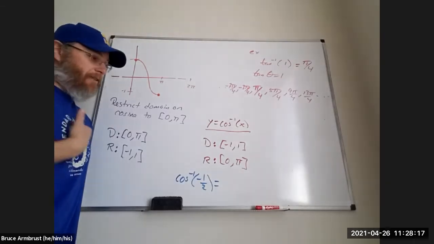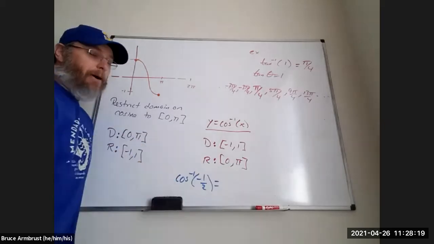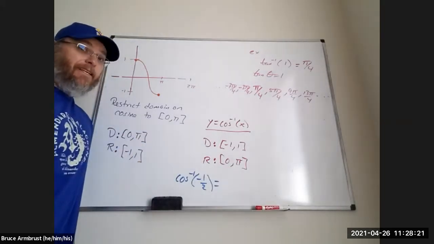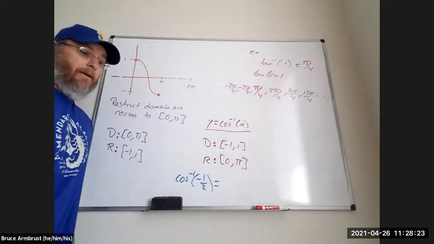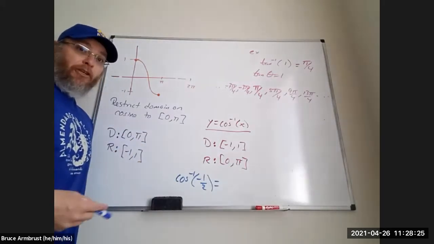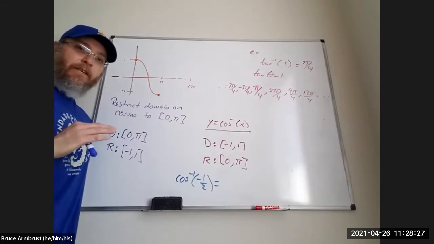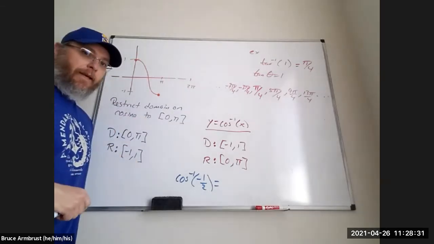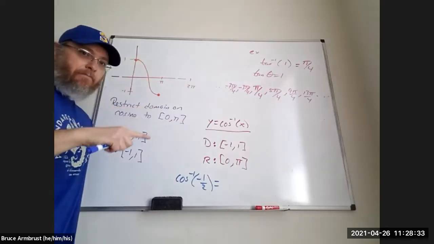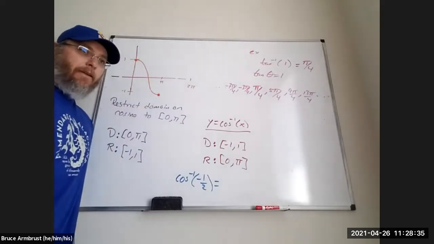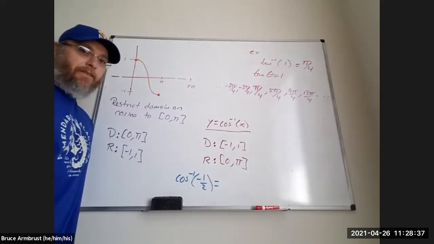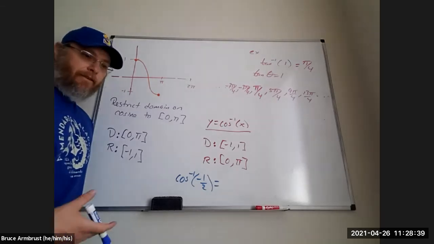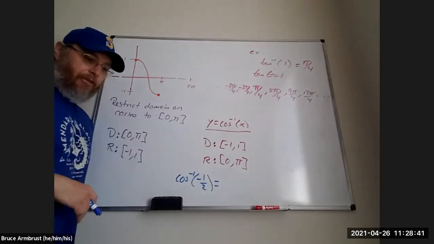But we need to find the one that's between 0 and pi, because that's the one that's going to come out. Okay, so you can look at your chart. If you look at the chart, 0 to pi is the top half of the chart. So basically just go down that cosine column and go until you find a place where it's -1/2 in that top half of the chart.